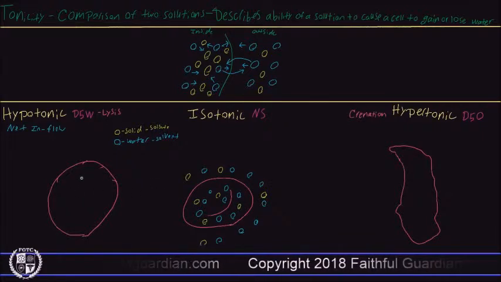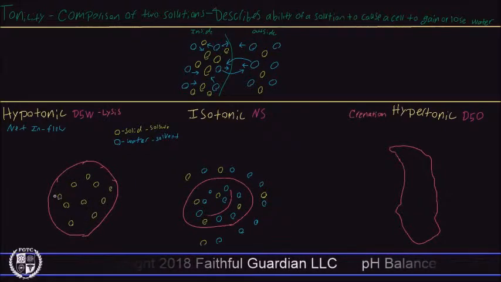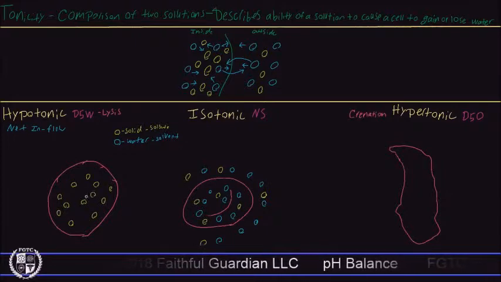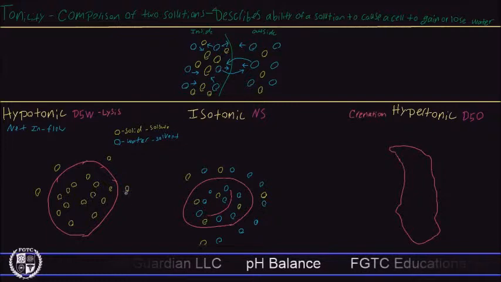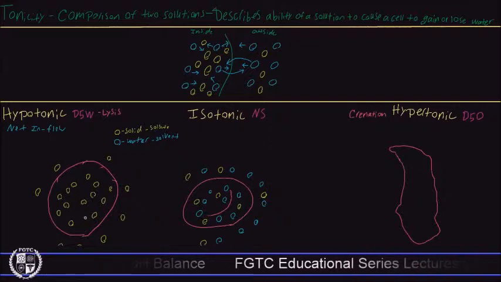Now, if I have something over here, such as what's in a hypotonic solution, where I have a lot of solid particles in relation to the fluid on the outside, water molecules flow inside through the cell membranes.